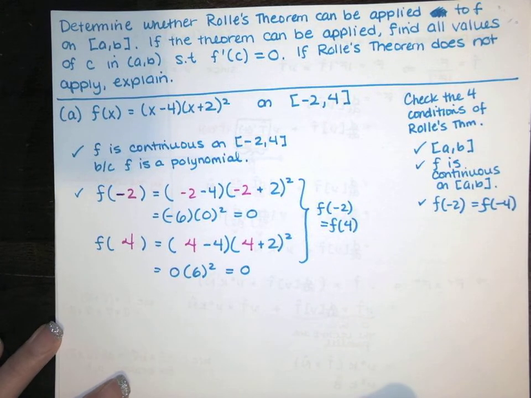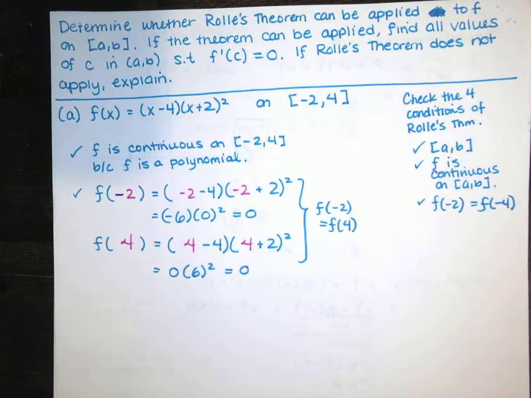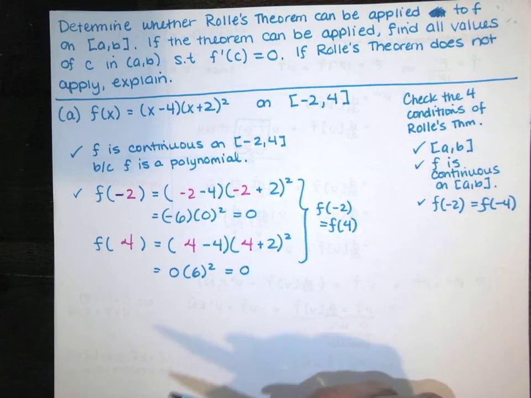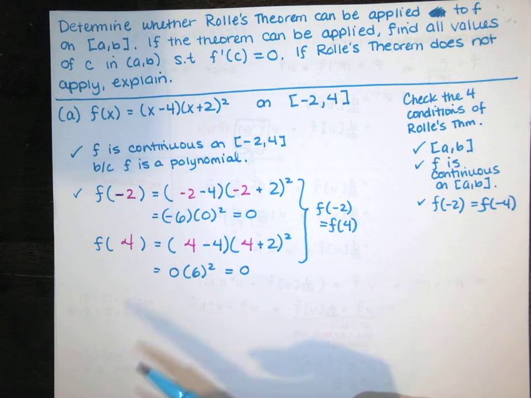And the last thing we need to check is differentiability. We want our function to be nice and smooth on this interval. Now, polynomials are always nice and smooth. If you graph them, there are no sharp corners in any polynomial functions. So we could just say f is differentiable because it's a polynomial. That's a possibility.